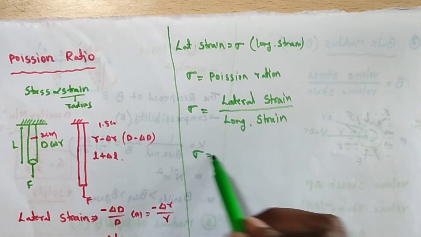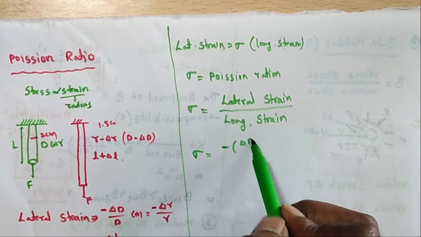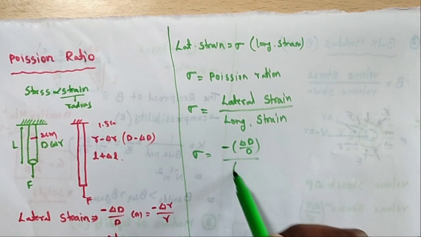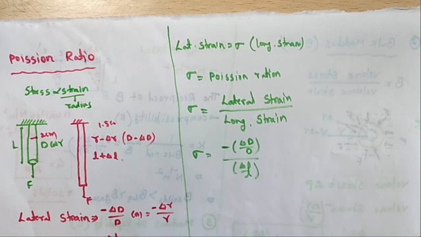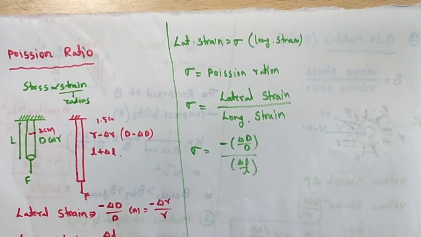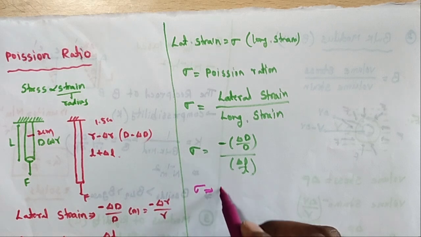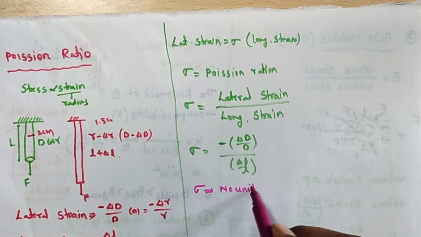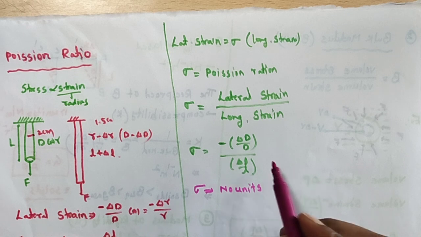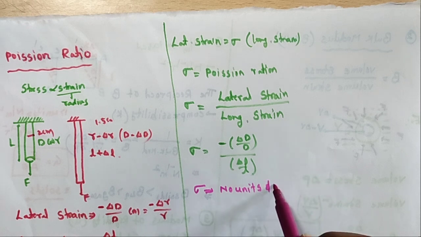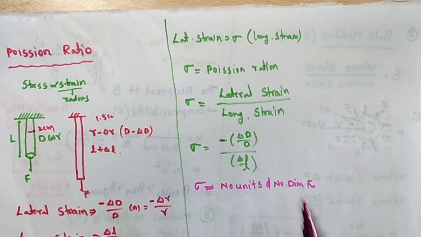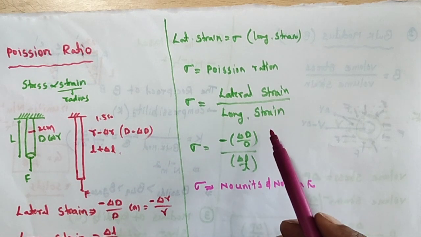So sigma is equal to minus delta d by d by delta L by L. What are the units of sigma? There are no units. Important: Poisson's ratio has no units and no dimensional formula, because both are strain, and strain by strain cancels.